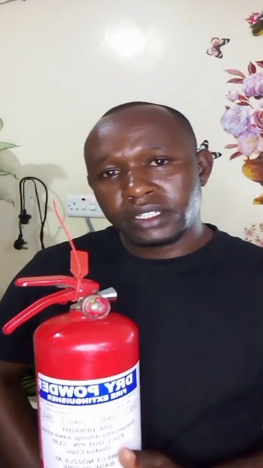Most of us don't know how to differentiate the color of fire extinguishers. So when you want to differentiate types of fire extinguishers, all types of fire extinguishers have their color, like dry powder, it has a blue.